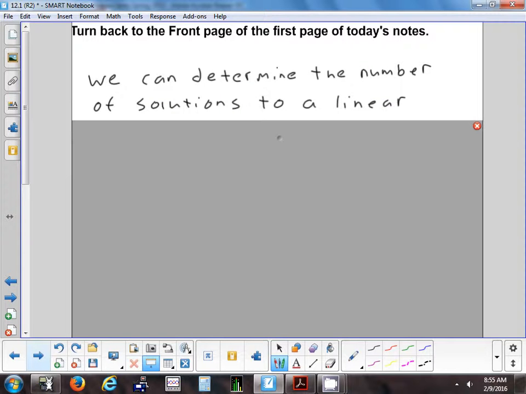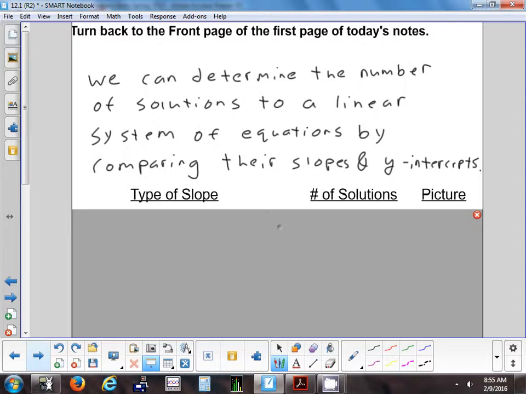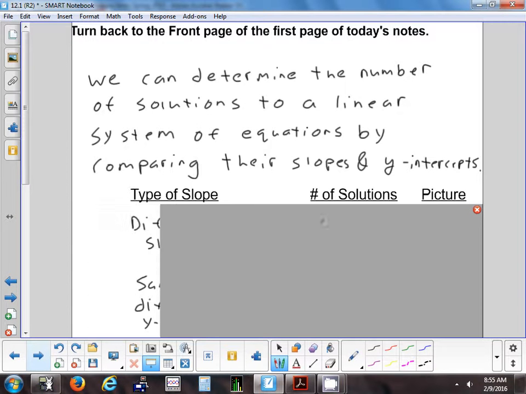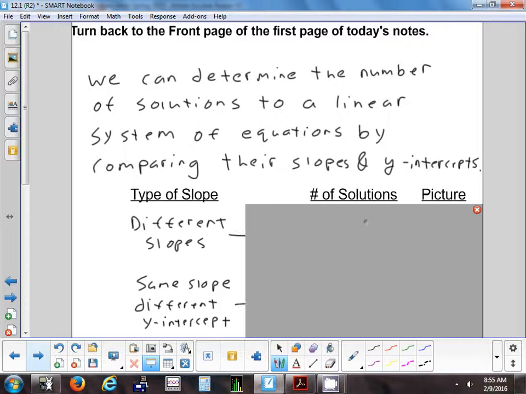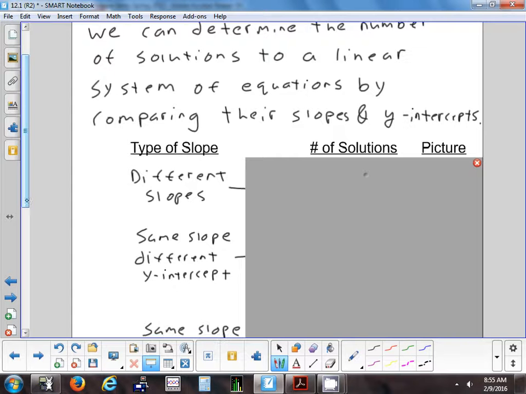All right, so I want you guys to turn back to the front page of your notes. Okay, flip back to the front. And you can determine how many solutions a problem has very quickly. Okay, not necessarily what the solution is, but just how many. So there's 3 things we're going to fill in.